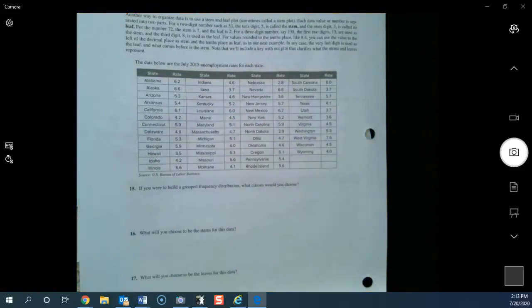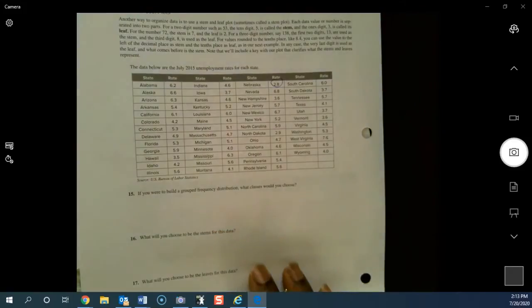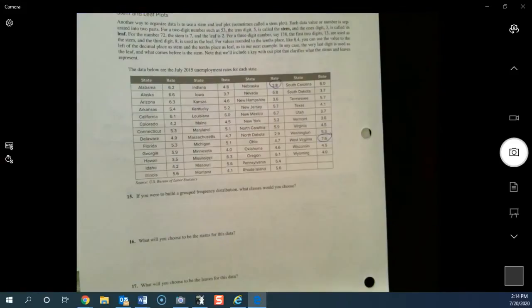All right. So now it says if you were to build a grouped frequency distribution, what classes would you choose? All right, so if we look here, our lowest value is 2.8. And our highest value at West Virginia is 7.6. So if I looked at this here, I probably would do a class of 5 because they're not that much different from each other.